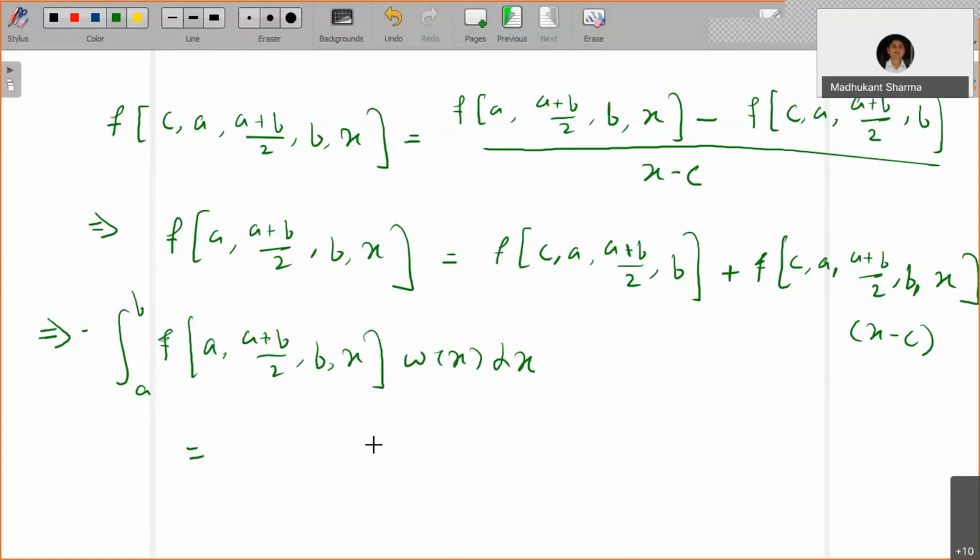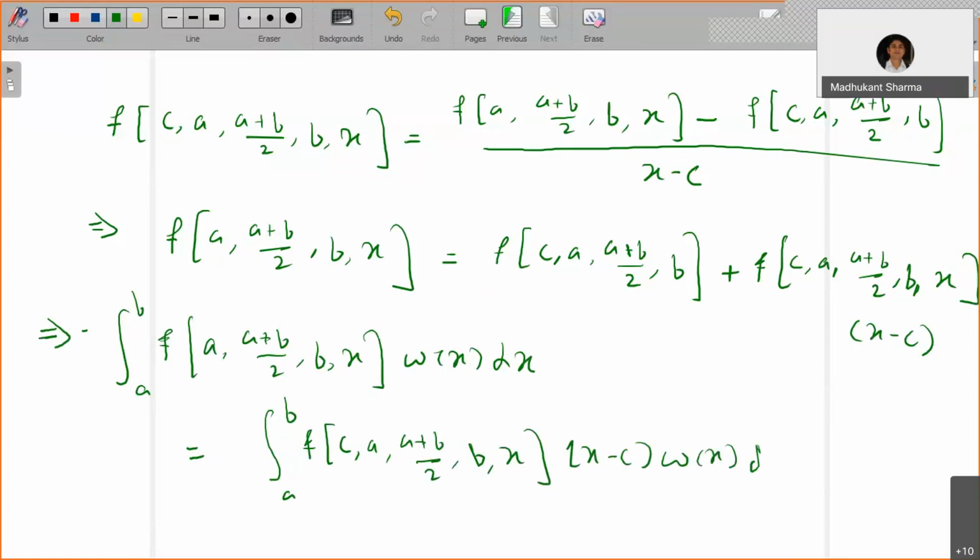Only what you will remain with is the integration from a to b of the divided difference f of c comma (a plus b) by 2 comma b comma x times (x minus c) times w of x dx.